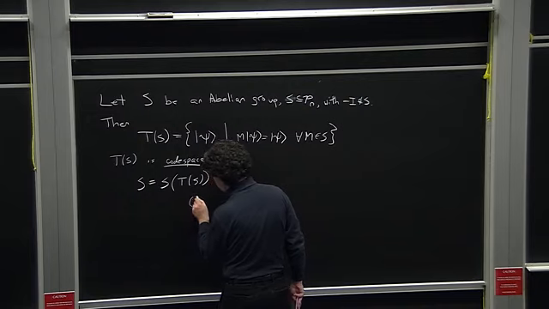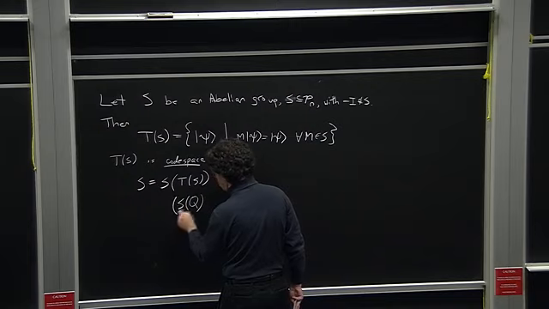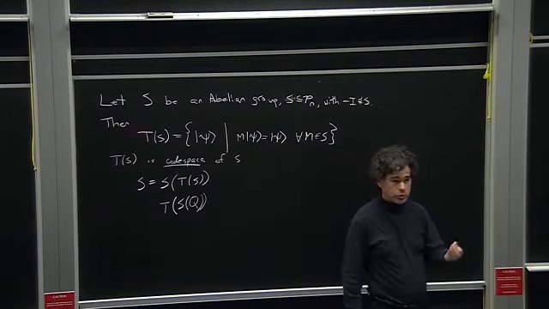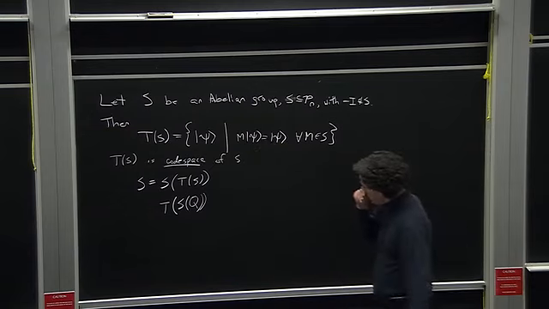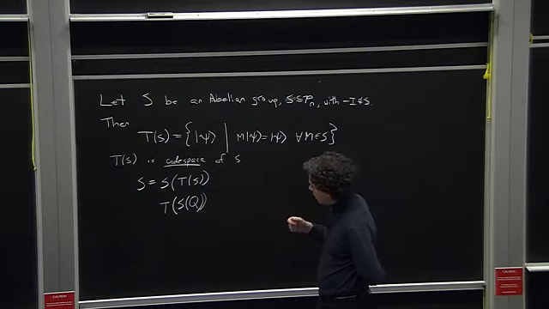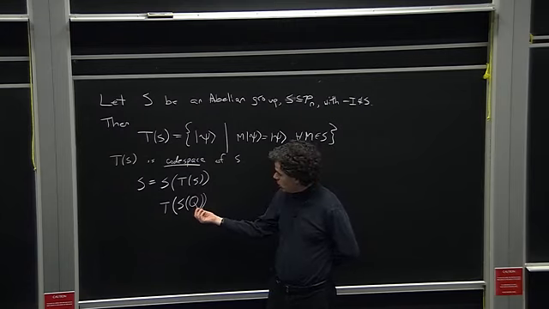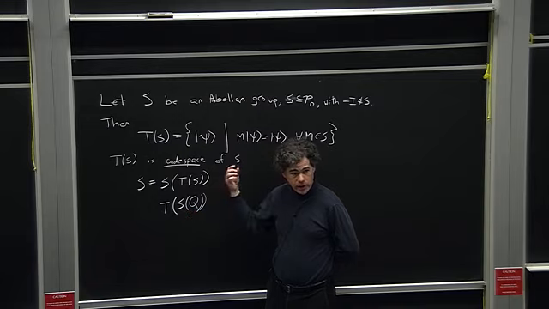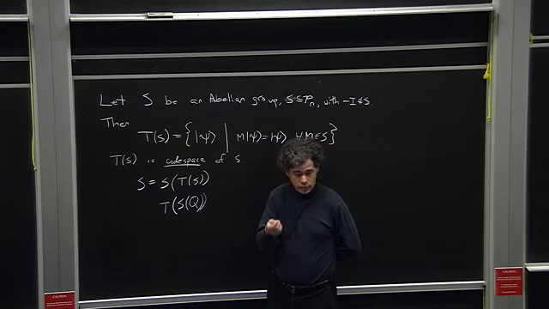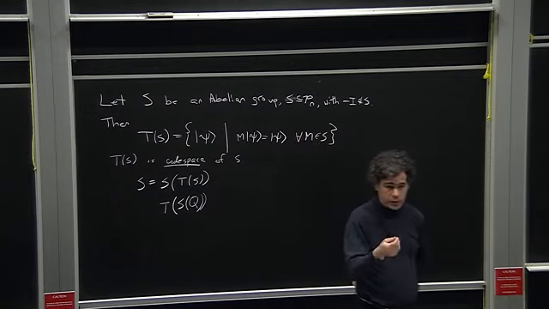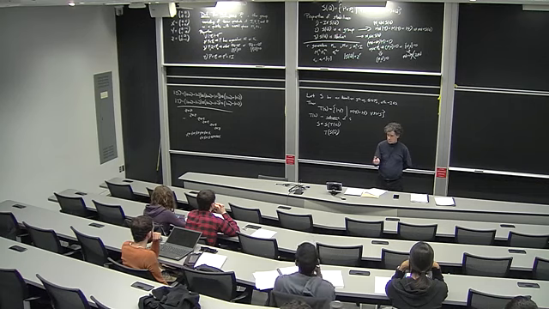So if you start with Q, and you take the stabilizer of it, and then you take the code space again, you might get something that's bigger than Q. Why is that? Well, so certainly it has to include Q, right? Because everything in the code space is going to have +1 eigenvalue for everything in S of Q, right?